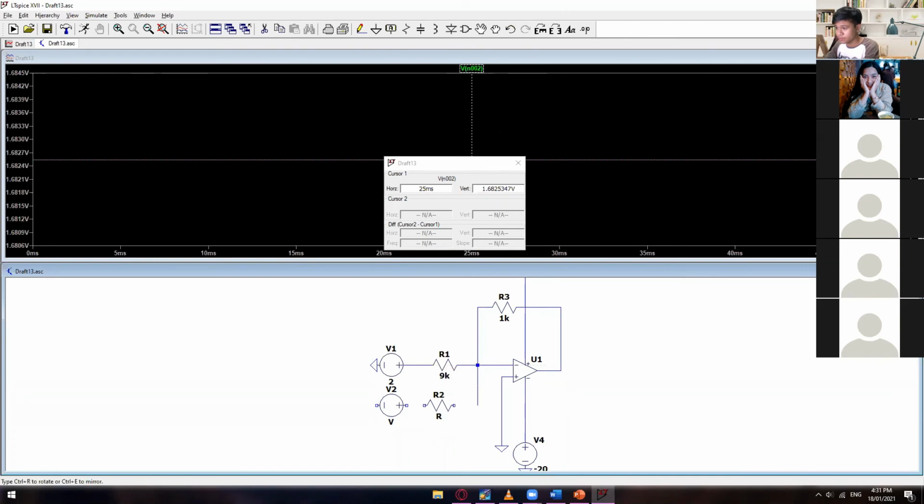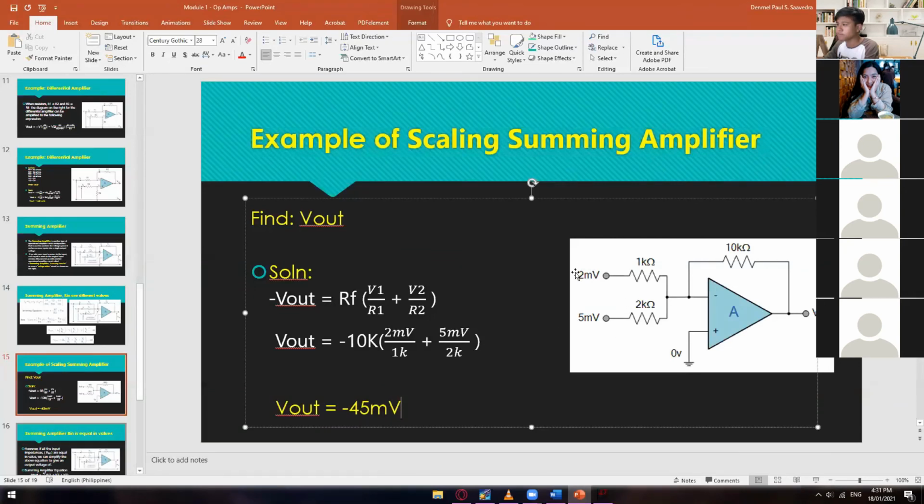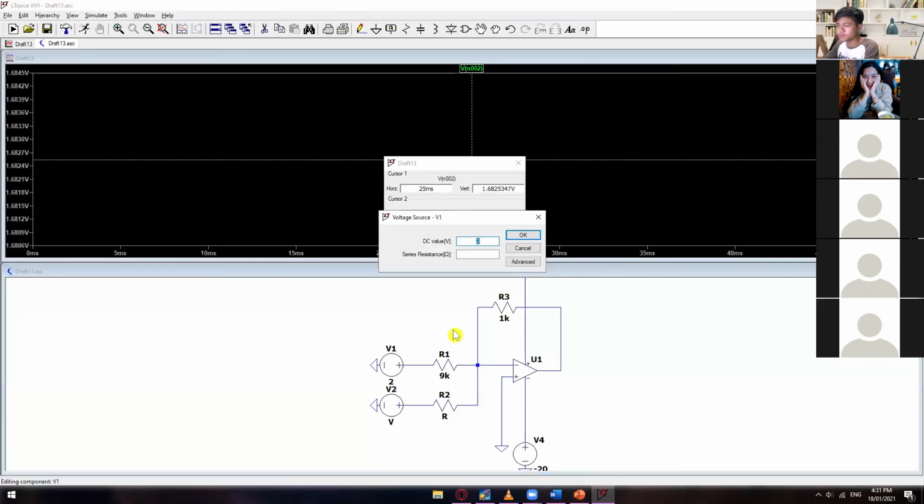And then another resistor for another resistor inputs. And then this one is also connected to ground. Oops. F9. There you go. So V1 is 2 millivolts and then V2 is 5 millivolts.